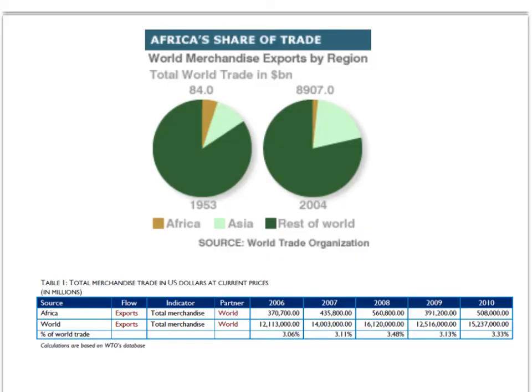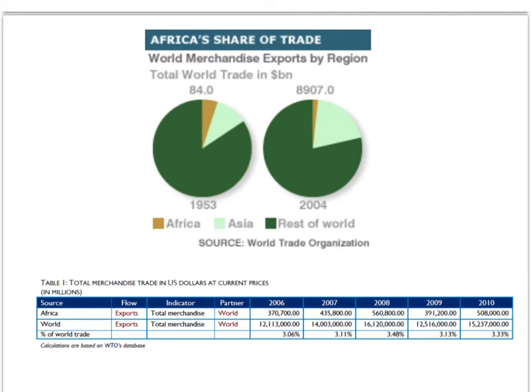In these two pie charts we can see the share of world trade firstly in the 1950s. So we can see Africa here, this is Asia, this is the rest of the world, and then by 2004 we can see that Africa's share of international trade has declined, but as I mentioned earlier, Asia is the region that has seen a significant increase.